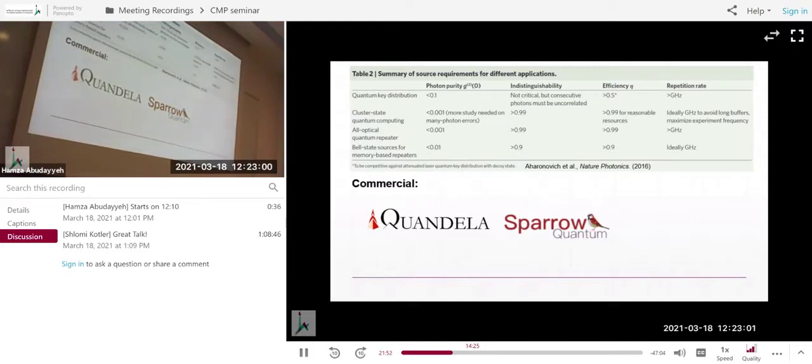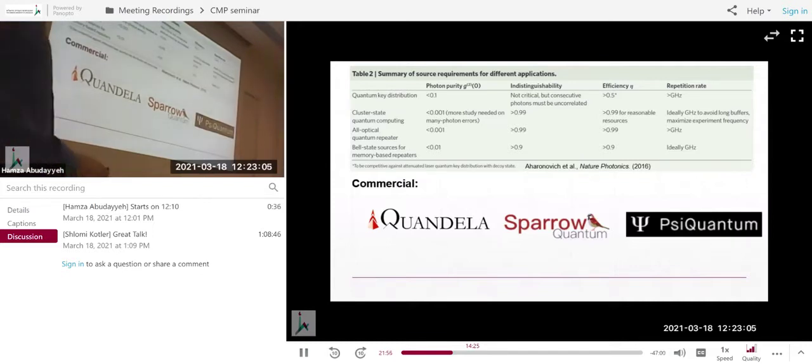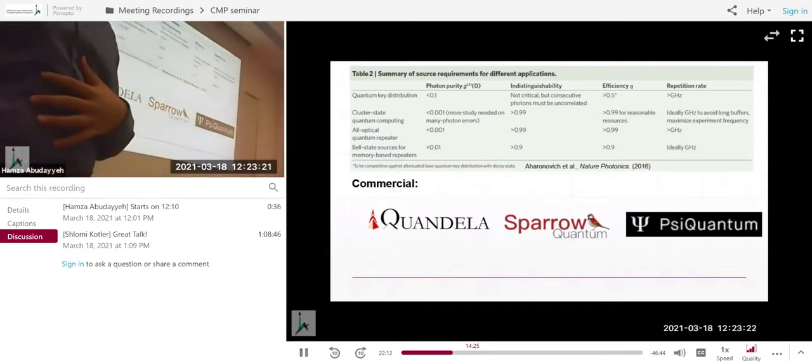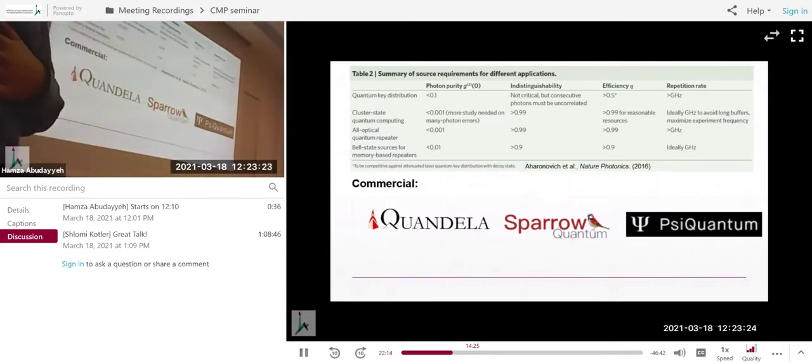And there are already people also using these single photon sources to do stuff like quantum computation. For example, PsiQuantum are using these nonlinear single photon sources to do linear optical quantum computing. And this is a company out of Jeremy O'Brien and Terry Rudolph's labs in Bristol. So you can imagine that this is really something that's quite relevant in today's quantum world.